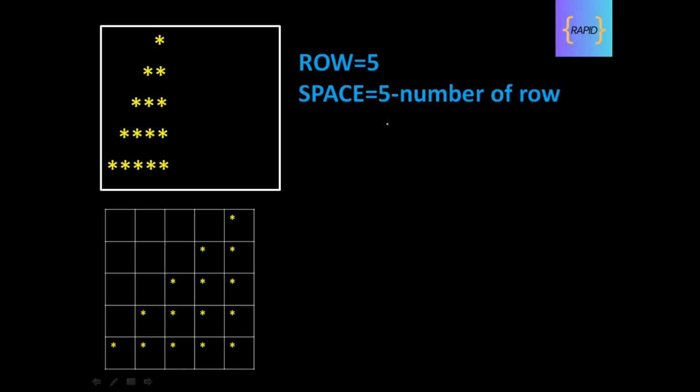So let's check this formula for row 1. 5 minus number of row 1, because we are checking for row 1, is equal to 4. And you can see here we have 4 spaces. Let's check this for the second row. 5 minus 2 is equal to 3.